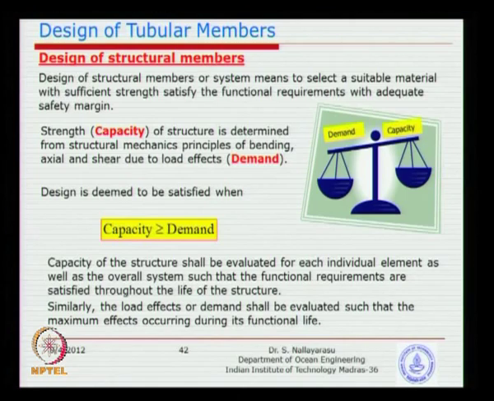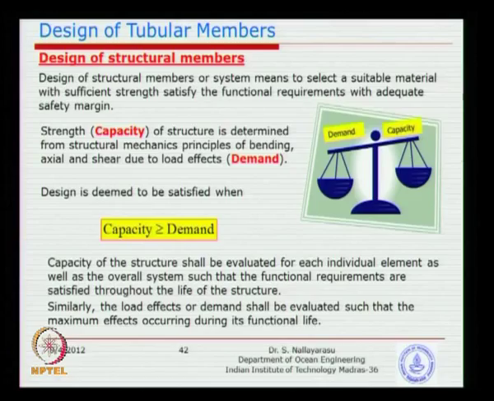We will propose a section, a geometry, boundary conditions, and material, and all of them together are going to satisfy what is called the demand from the system that you are actually building for. You can build a building, bridge, offshore platform, whichever you try to design, the demand has to be satisfied. That means the capacity of the system should be such that capacity is always on a higher side.